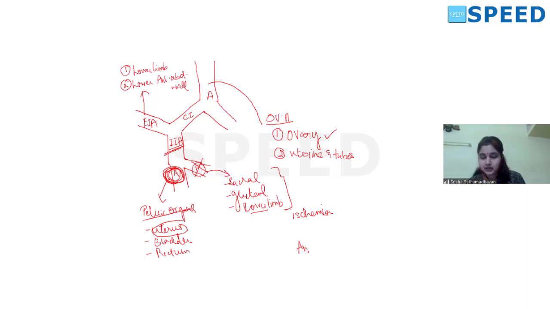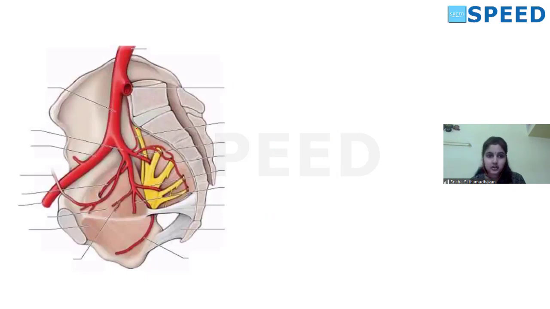So now our aim is to ligate the anterior branch of internal iliac artery. Now let's go back to the picture and see where this branch lies. So let's orient ourselves to the picture first. This is the sacrum, so this will be the posterior part of the patient, and this is the anterior. You can see the symphysis pubis here.